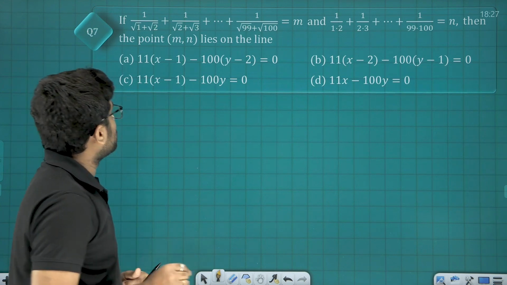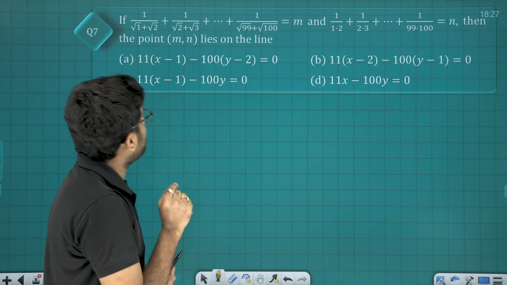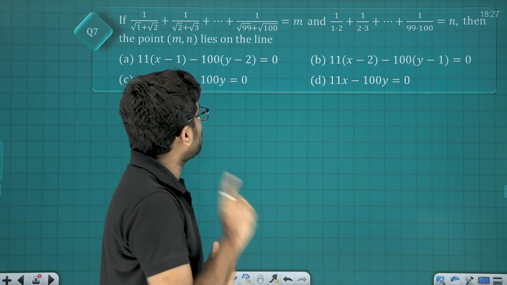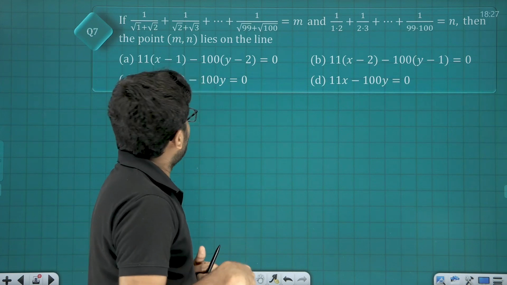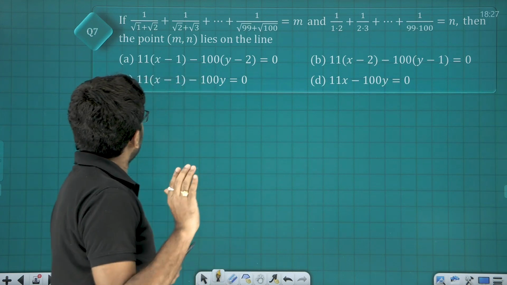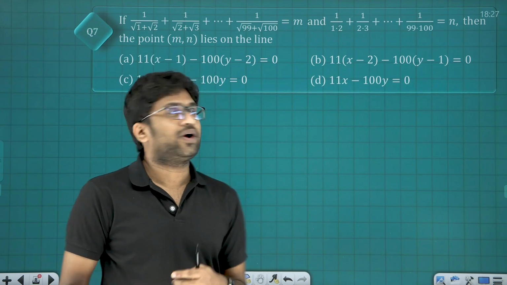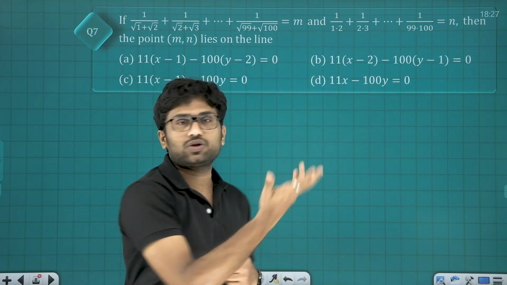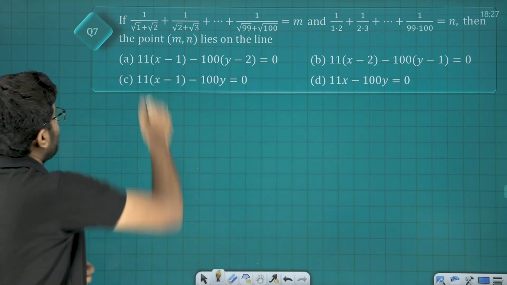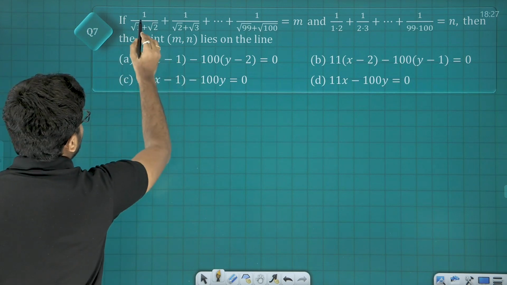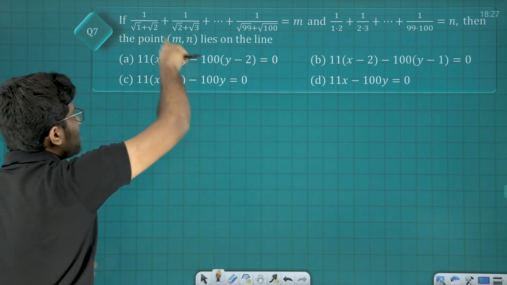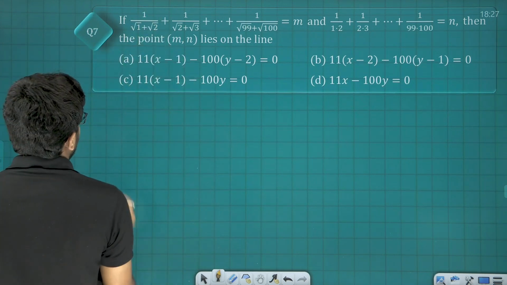1 by (root 1 plus root 2) plus 1 by (root 2 plus root 3) plus and so on, 1 by (root 99 plus root 100) is equal to m. And they have given something n. After finding m, (m, n) is a point lying on one among the 4 options. So first let's find m. What is m? Let's rationalize each denominator.